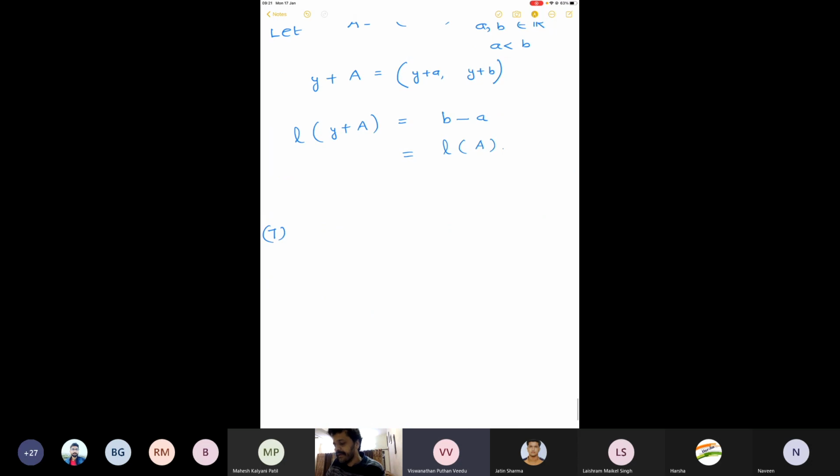Property 7. Lebesgue outer measure is translation invariant. The property that you have for length of open intervals gets pushed forward to outer measure of sets as far as translation is concerned.